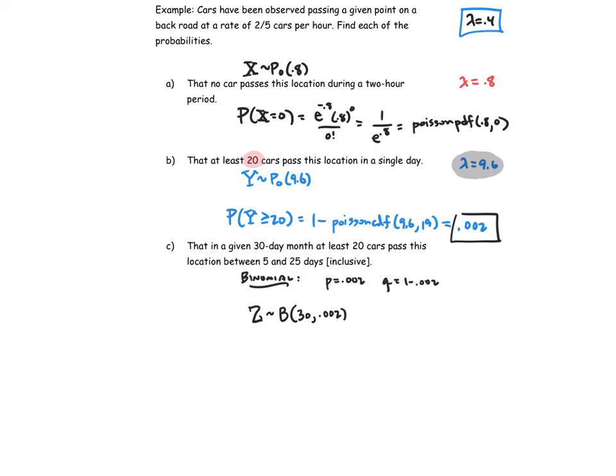Probability that on any given day 20 cars pass this location, 0.002. And of course, what I want is the probability that Z is inclusive between 5 and 25.